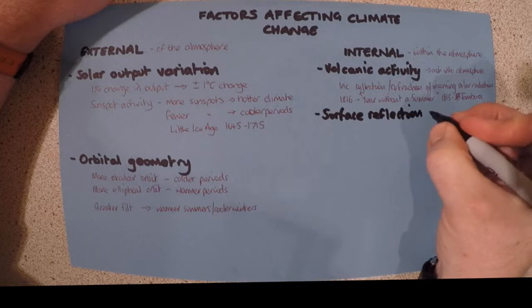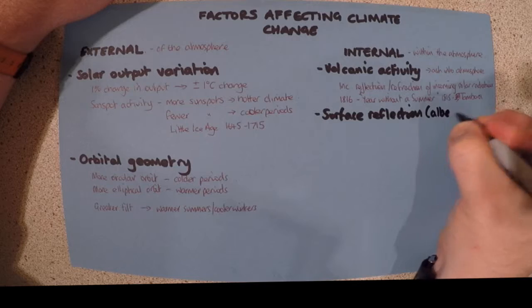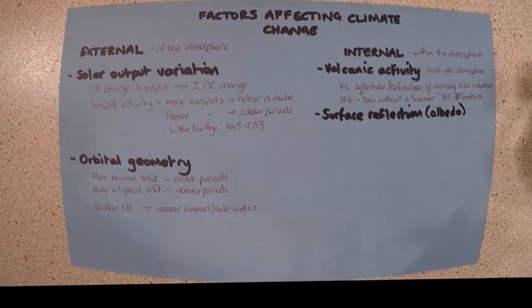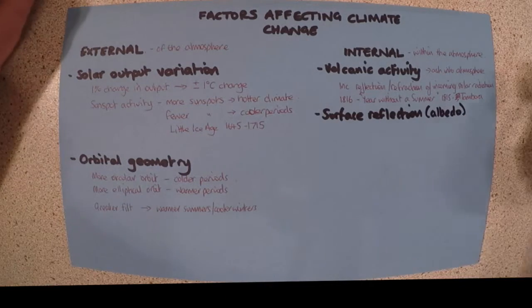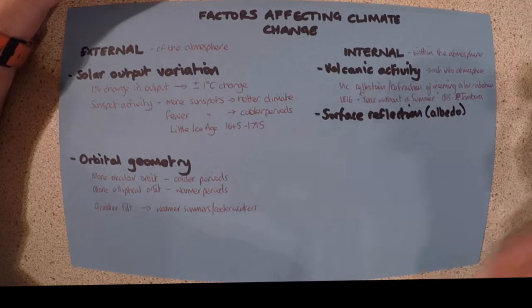Surface reflection, or the term I like to use for this is albedo. Imagine that we've got a cooler period, such as an ice age, where we've got large expanses of ice sheets and snow sat in situ on the ground.